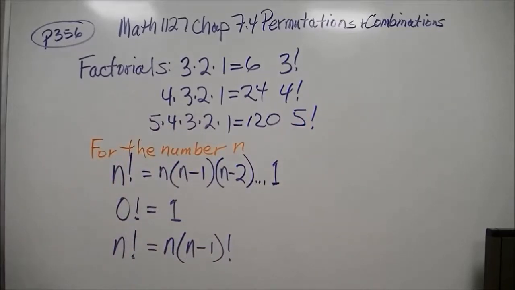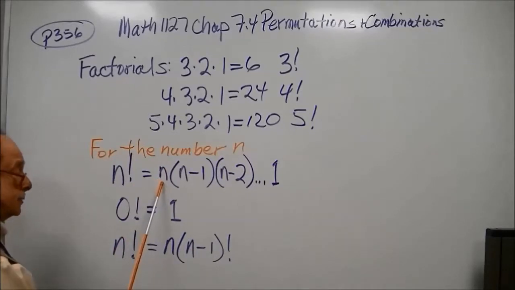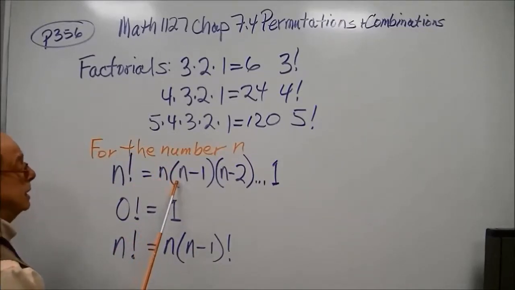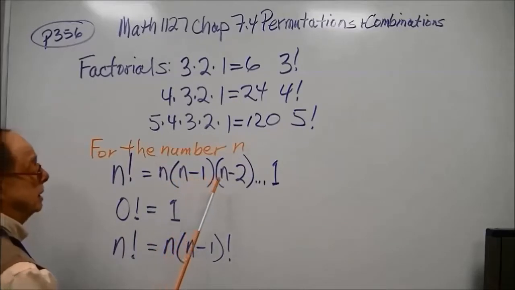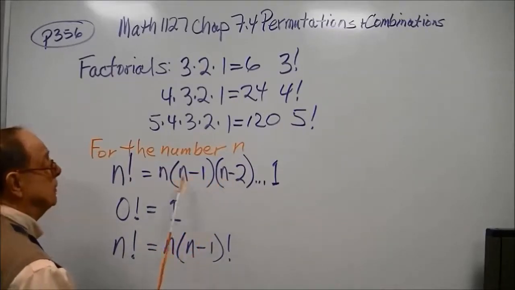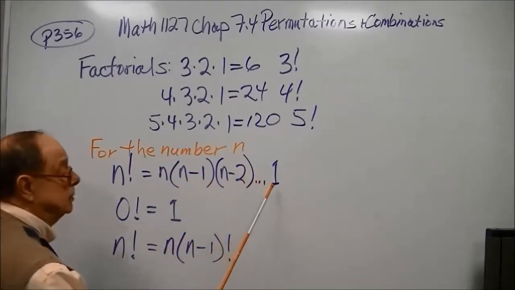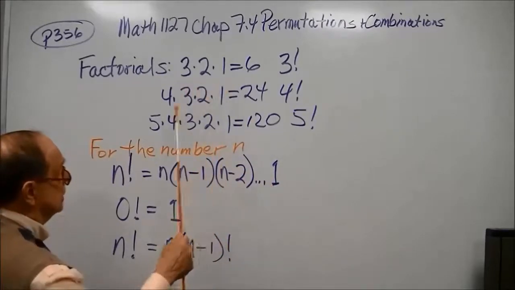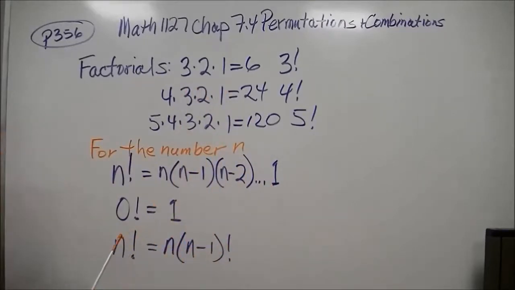Now, they do have a formula for it, for the number n. n factorial is such that you start with the highest natural number, take 1 away, and then take 2 away from that natural number until finally you get to 1. And this is what is illustrated here.